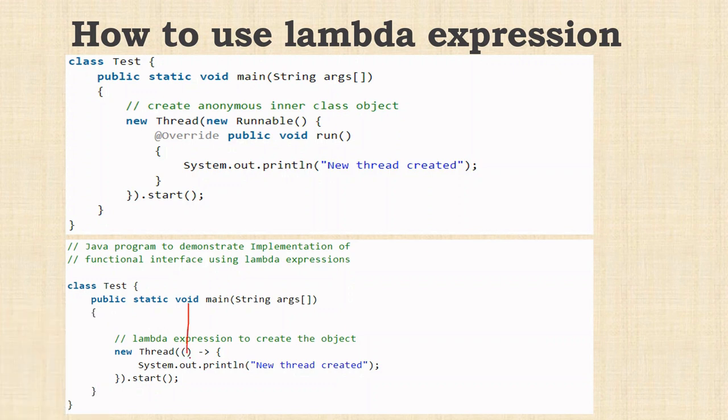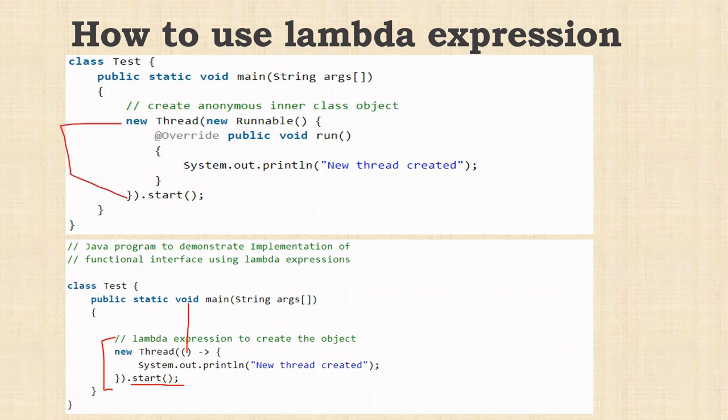Inside we have written new thread created, and dot start, that means we have already created one thread, and thread dot start. So this is the short form to create the thread with the help of the lambda expression, and the other is the way to create it with the help of an anonymous class.